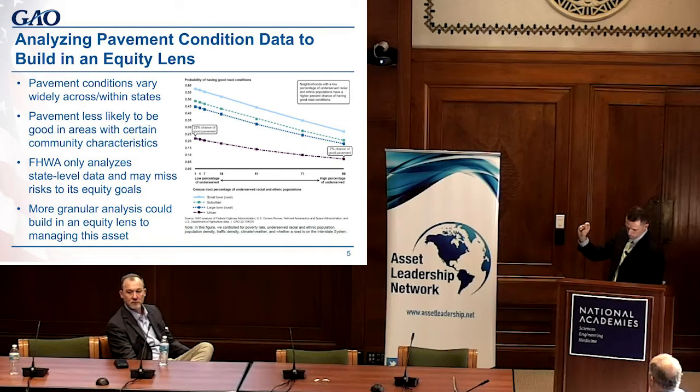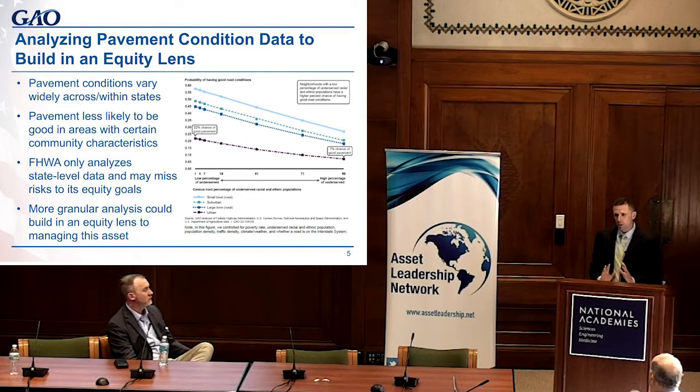And they have a 22% chance of having good pavement condition on average, tracking all the way down to census tracts with the highest percentage of traditionally underserved communities at a 7% chance. So quite a difference. And the 4 lines represent the different densities from city down to small town. And while the percentages are different, the trend is the same across.